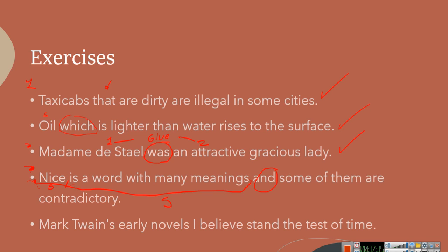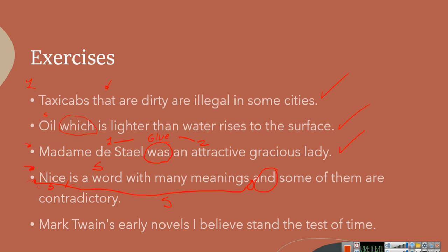But tell me, we know that we need a comma right there. Where do we need it? What is the word meanings? That's right. You got it. Yes. Because this is acting like a subject. So nice is a word with many meanings.